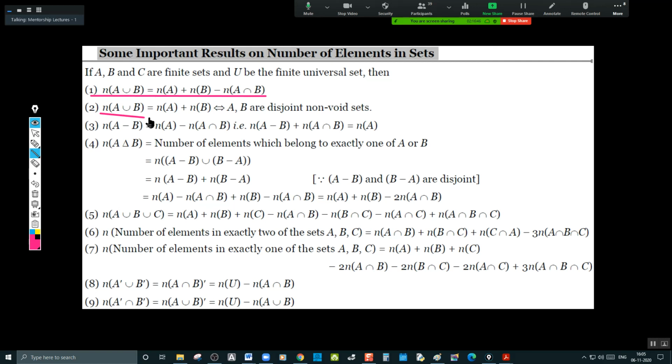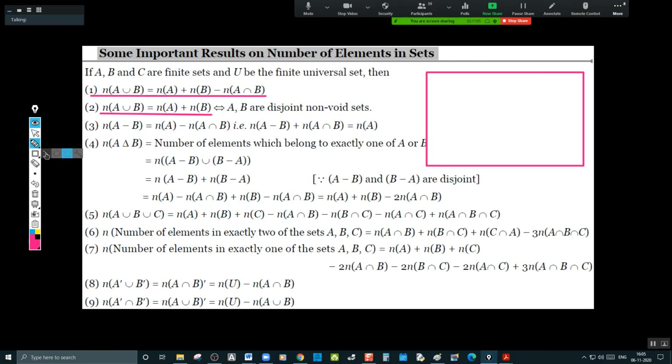N of A union B is nothing but N of A plus N of B if they are disjoint sets. What is the meaning of it? Here, no need of any subtraction, because nothing is common. You can straight away add them.